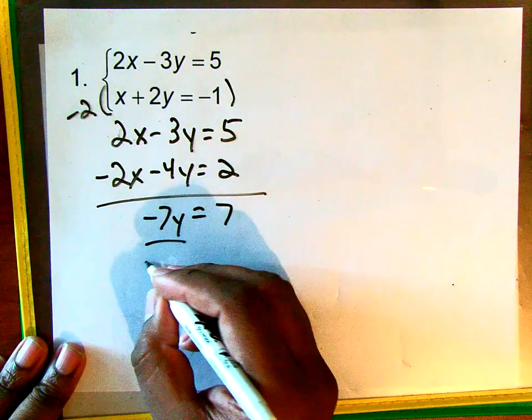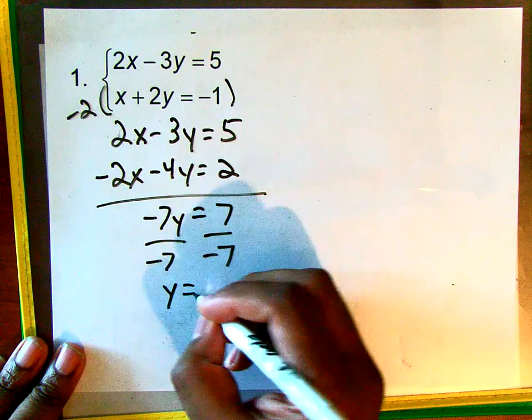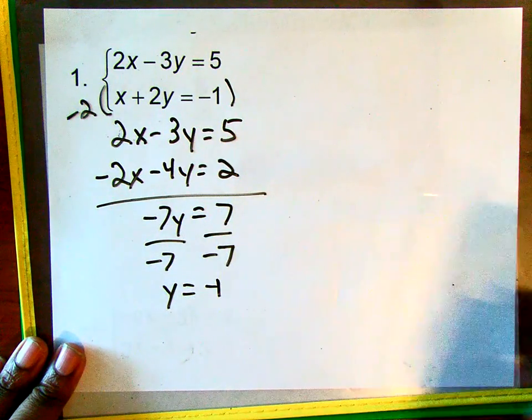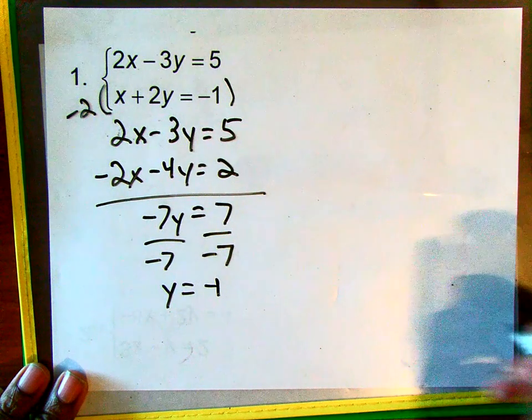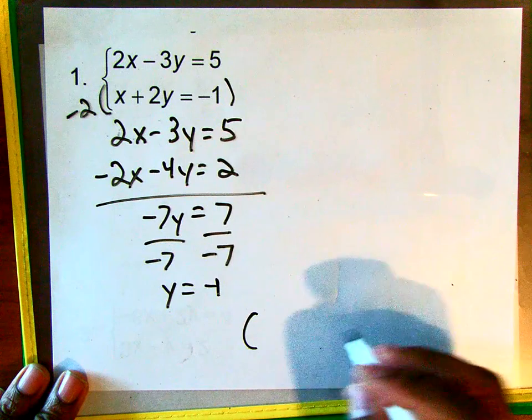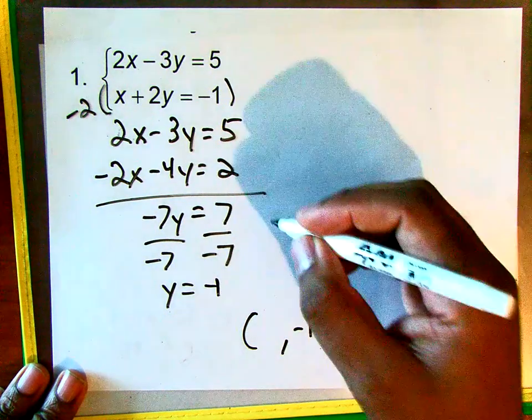Then I'm going to go ahead and divide by -7. That's going to give me y is equal to -1. All right, so now I have the y, and I just need the x, so I'm simply going to plug that back in.